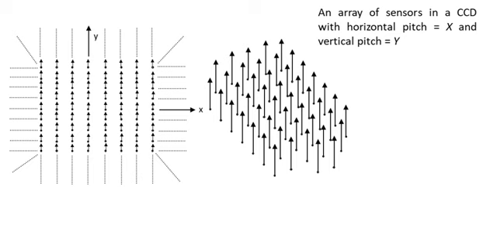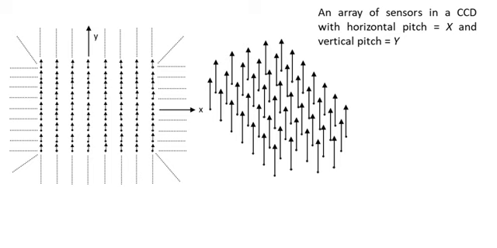Along the x direction, capital X is the separation between the sensors, and if you are using comb of y over capital Y, then the separation along the y direction will be equal to capital Y.